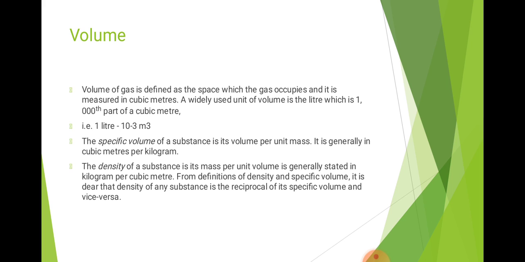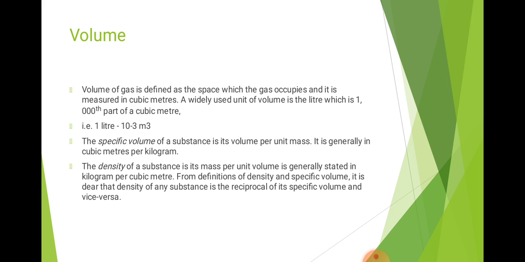Our definition already says that the specific volume of a substance is its volume per unit mass. It is generally measured in the unit of cubic meters per kilogram. So in our example, we take 1 kilogram of air at 0 degree centigrade, and the volume of the vessel is 0.7734 cubic meter.